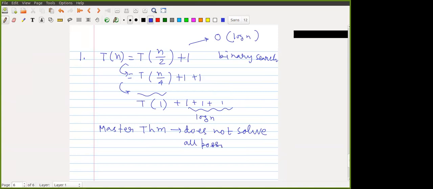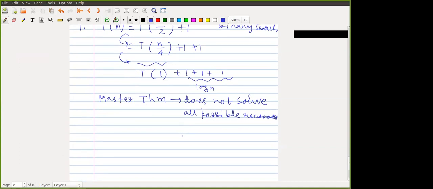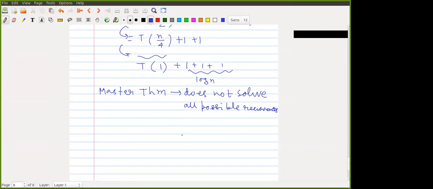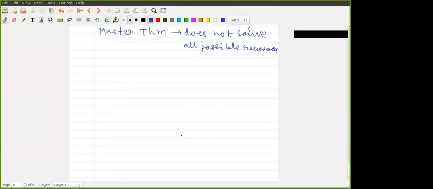So only saying that the Master theorem is our tool is not a very good idea, right? At the end of the class we'll see that the Master theorem doesn't handle all possible cases. So it is possibly not a very good candidate for solving recurrences in general.